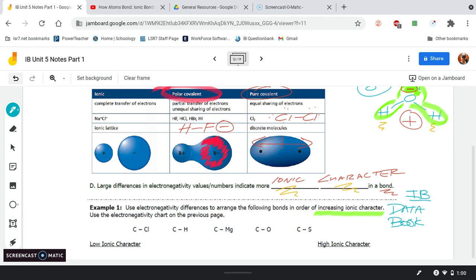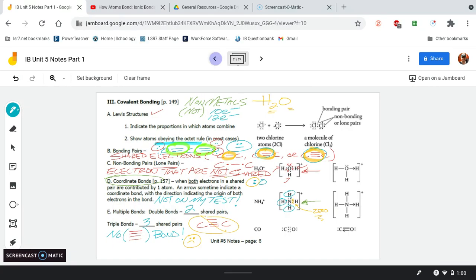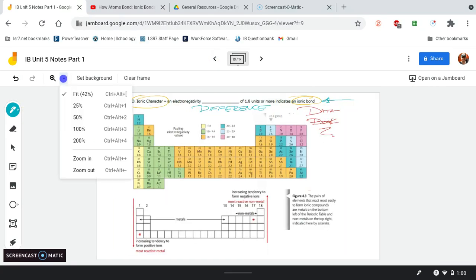We have all of these, and they're all C's, so we have to figure out the numbers for these. We go back to that table, slide over, and zoom in.